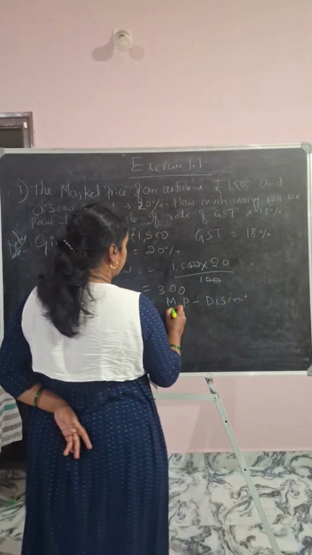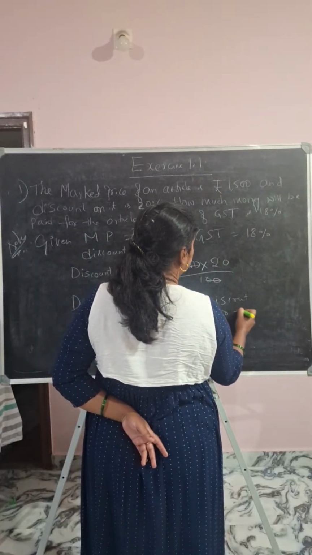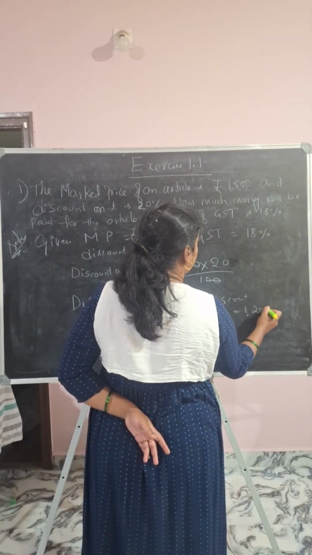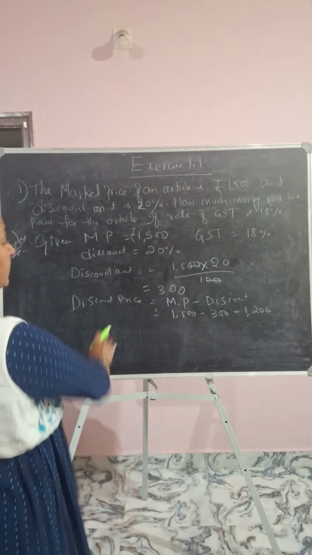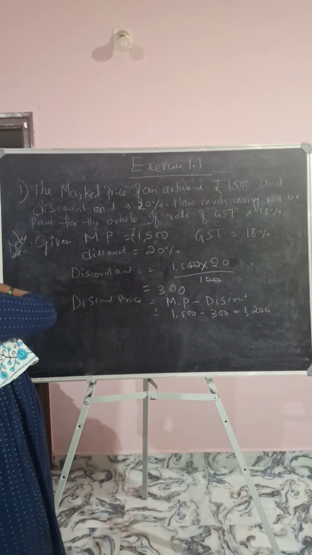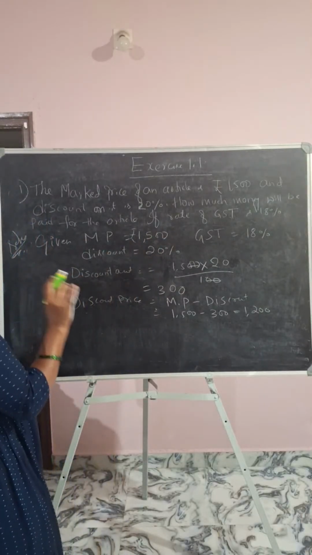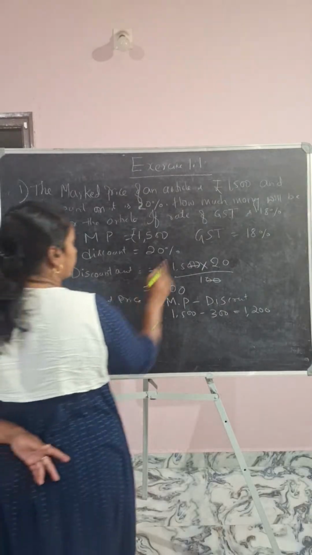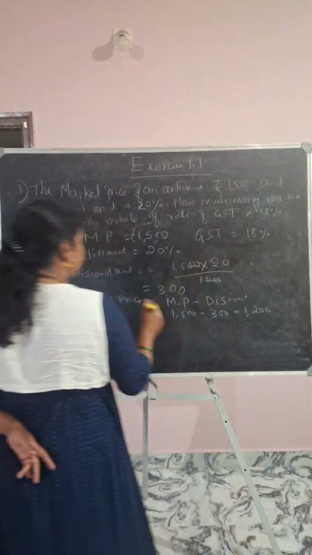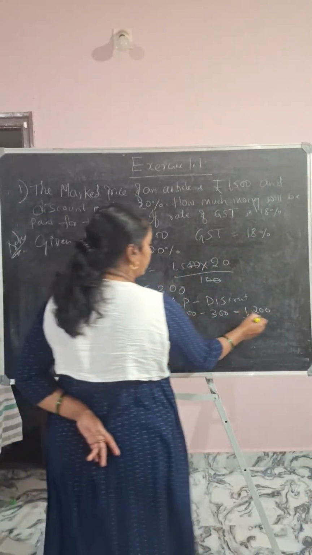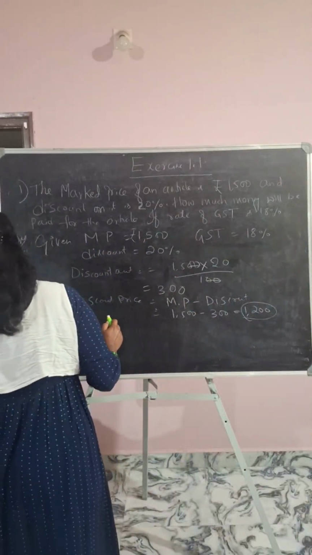That is 1500 minus 300, which is equal to 1200. So the discount price is 1200. In the last part of this question, we are going to calculate the GST. So the GST percentage is 18. So for this 1200 amount, we have to calculate the GST.